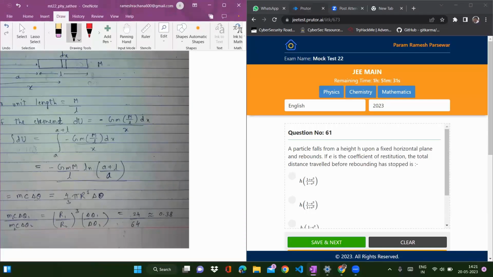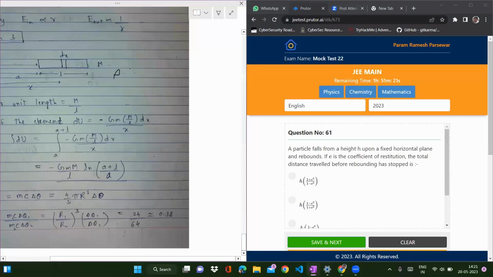Firstly, h1 we can calculate by the expression. As we know, v1 with which it rebounds is nothing but e times under root 2gh, and we will use the equation of motion v square equals u square plus 2as. In this case, finally when it goes up, the velocity will be 0. So 0 equals u square plus 2as.